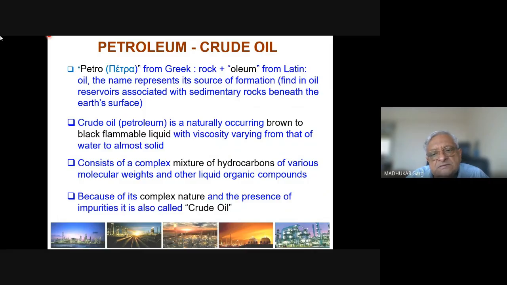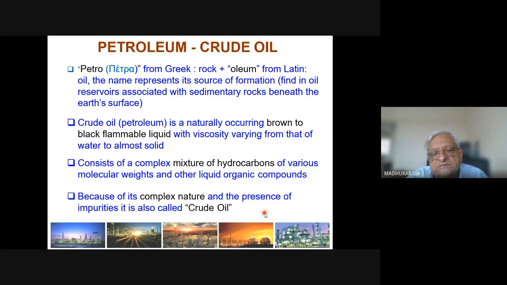It can be a brown to black liquid at room temperature, with viscosity varying all the way from something like water viscosity to even semi-solid crude oil. I have seen crude oils which are even solid. It depends upon what kind of composition that crude oil has, and we'll talk about that in greater detail.